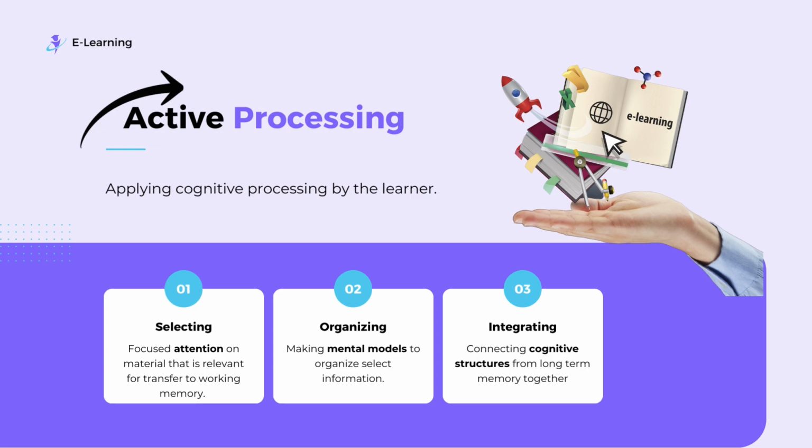Number two is organizing that material or creating mental models, these knowledge structures, which take the important information and put them together into a comprehensive whole. That comprehensive whole is integrating. And this is where the active process of selecting, organizing, and integrating creates this complete cognitive structure that's built on prior knowledge.